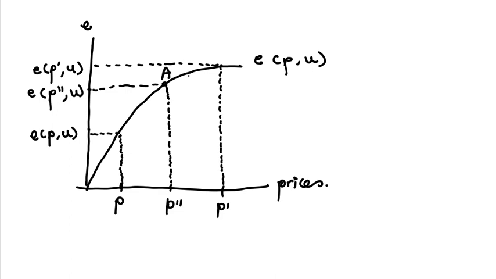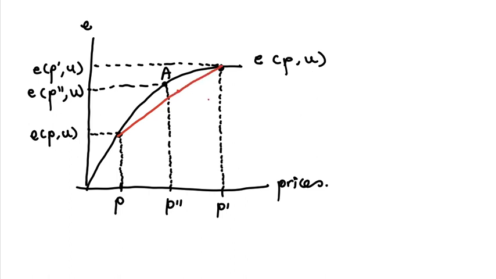Now, like I said just now, P double prime is a linear combination of price P and also P prime. In the graph, P is here and P double prime is here. Let me use a different color, let's say red. If I join P and P prime using red, I get a straight line.